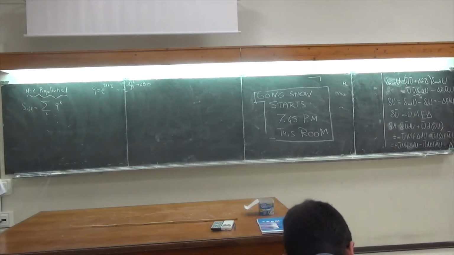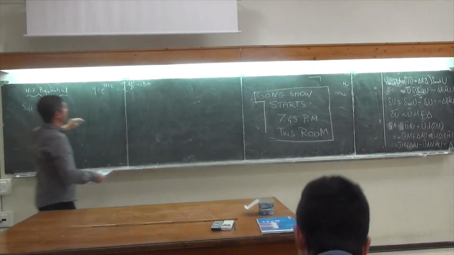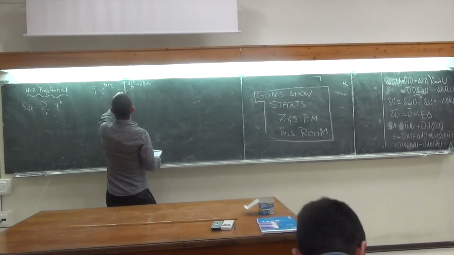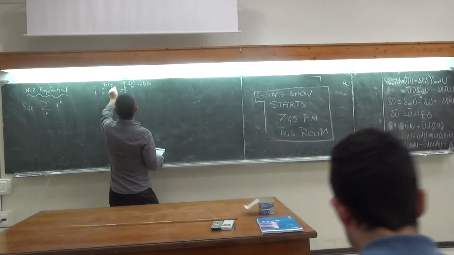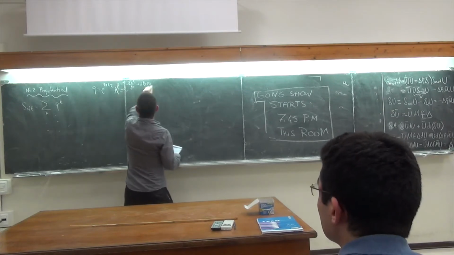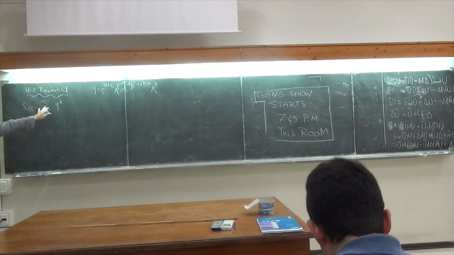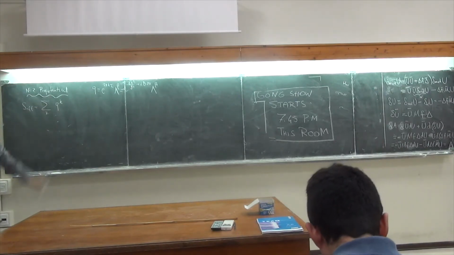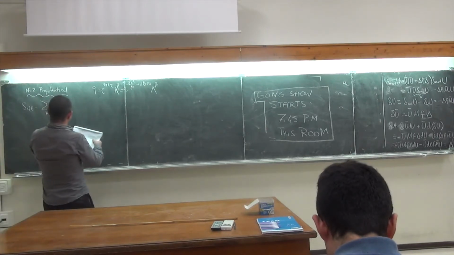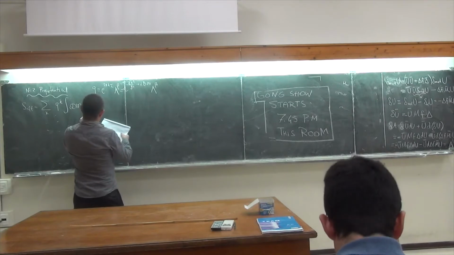Let me also include here lambda to the theta, so I will no longer write lambda to the k beta here, it's inside. And then I have the integral over my moduli space of my action.